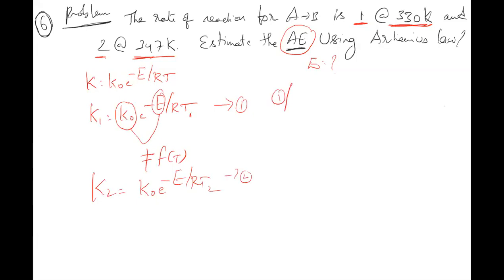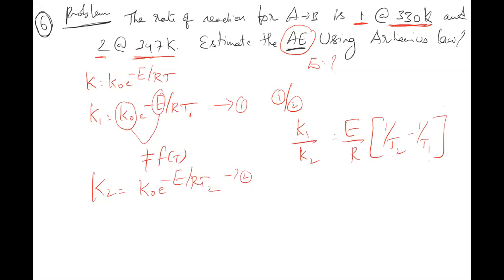If you do 1 by 2, you get a simple thing: K1 by K2 equal to E by R into 1 by T2 minus 1 by T1. Here, if you get K1 by K2, it is T2 and T1. If you get K2 by K1, it is T1 and T2. That is how you should remember. You have all the terms here.